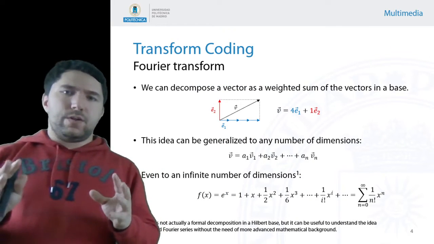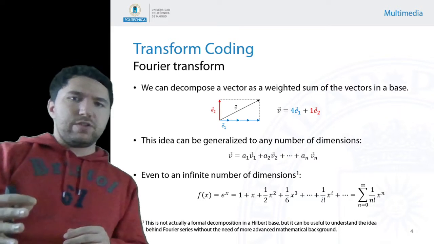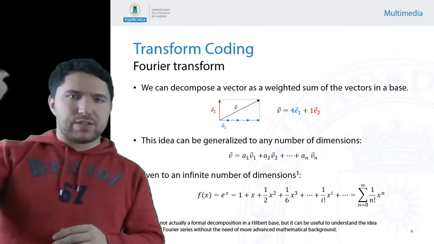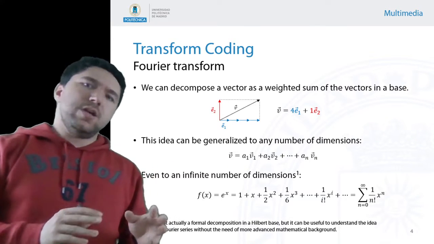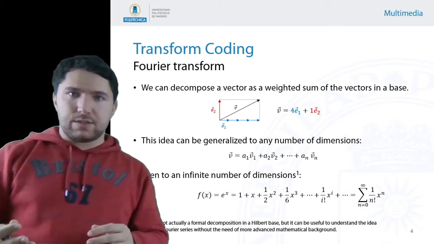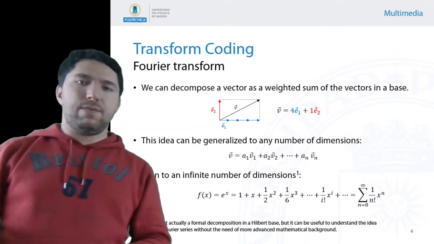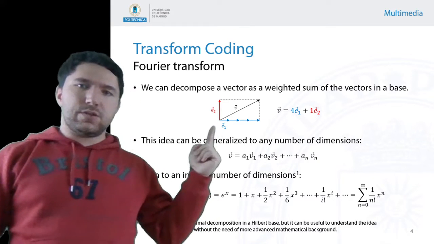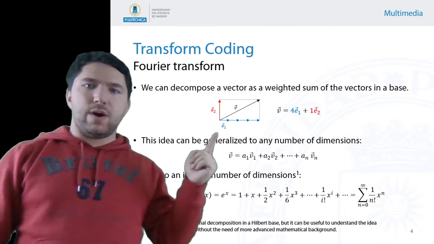So let's start with Fourier transform. And before the Fourier transform, let's remember something about your math courses. If you remember vector spaces, in vector spaces you have bases. For instance, in a two-dimensional vector space, you have two vectors in the base. So in this case, we have E1 and E2.